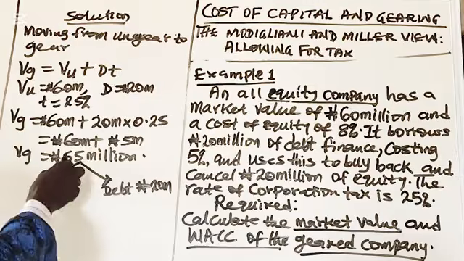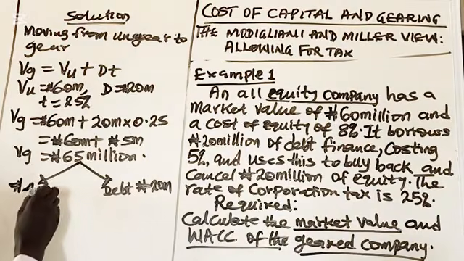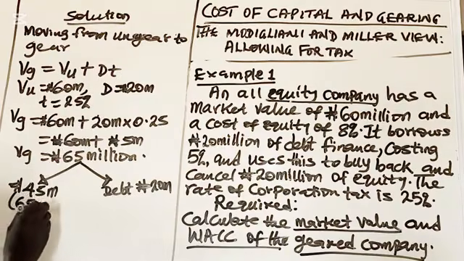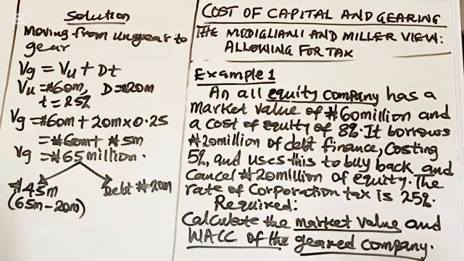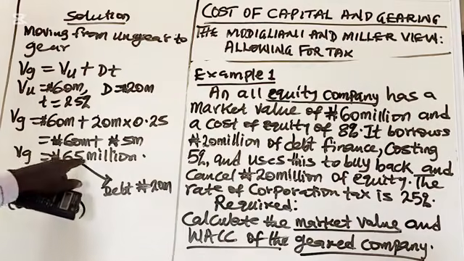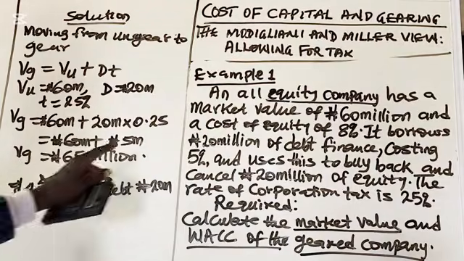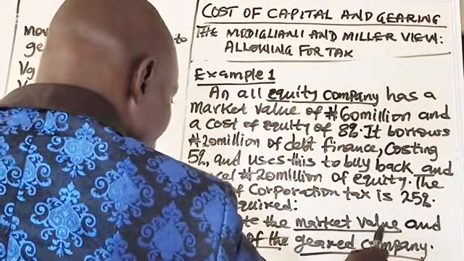So that means of the 65 million, equity will be 45 million naira. That is 65 million minus 20 million. That will give you the value of equity. So the value of the firm now, when it is geared, is 65 million, comprising 45 million value of equity and 20 million value of debt. Then we're done with market value.